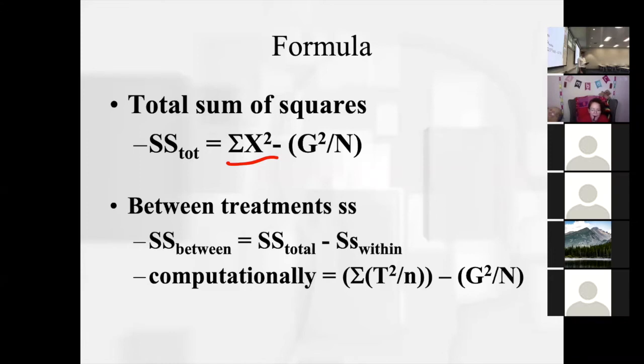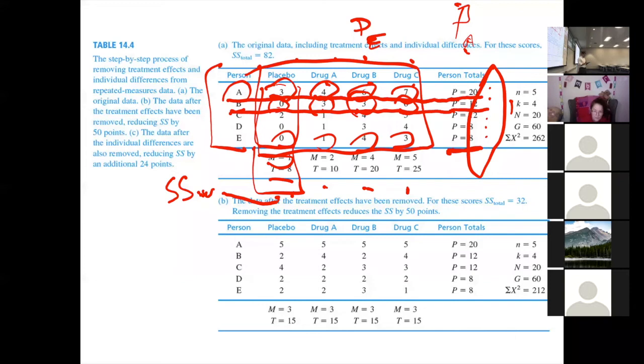You take each x and then you'd square it just like we've been doing, and then you take the total of all of those x squared values. Exactly, yes. Let's look down here at the bottom. You're taking every individual x and you're squaring it, and then you're adding all of them together.